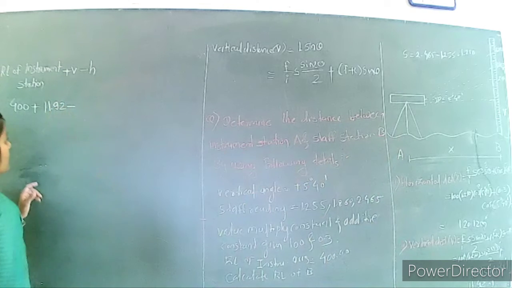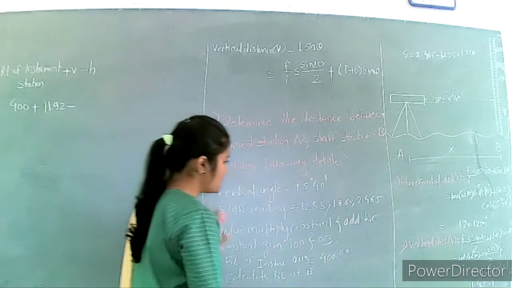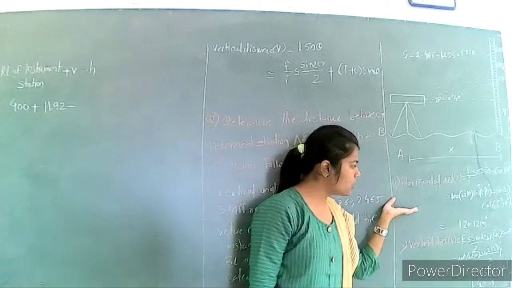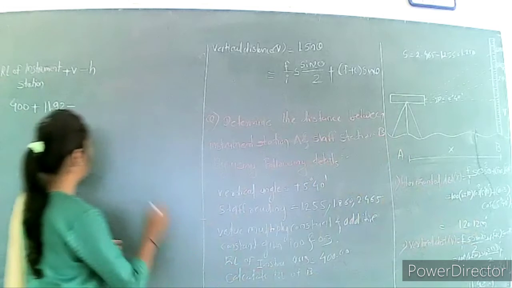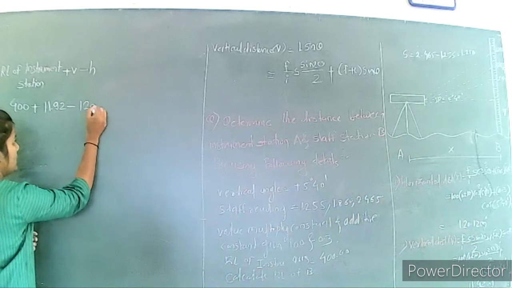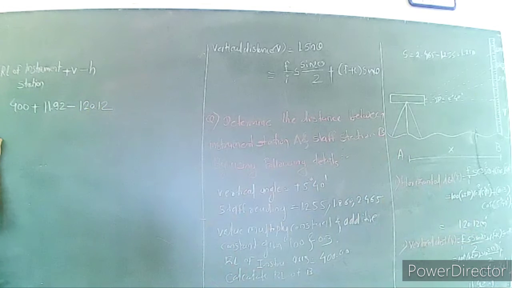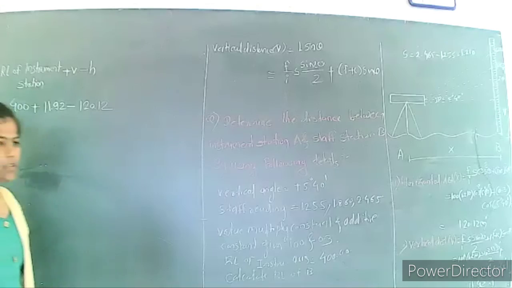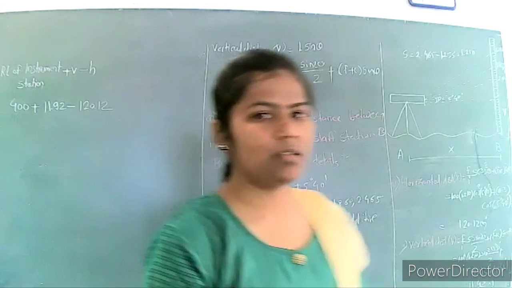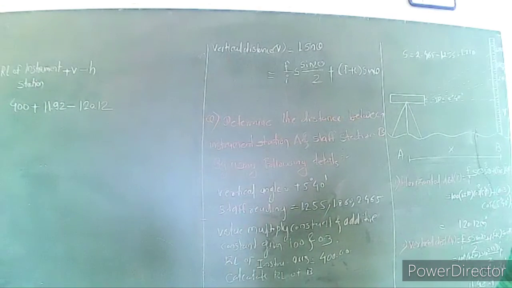And minus H for horizontal distance. We also calculated the horizontal distance, and it comes out 120.12. Now calculate the RL of station B. That is 400 plus 11.92 minus 120.12.